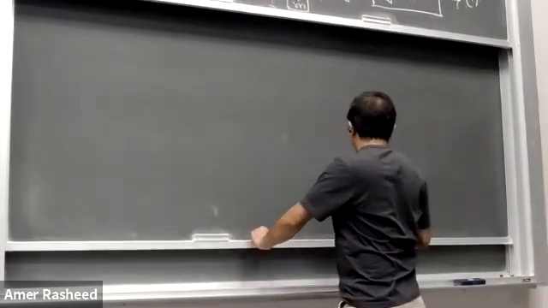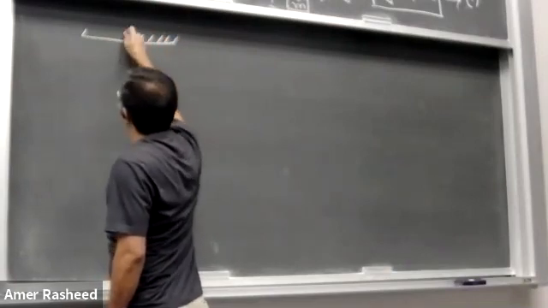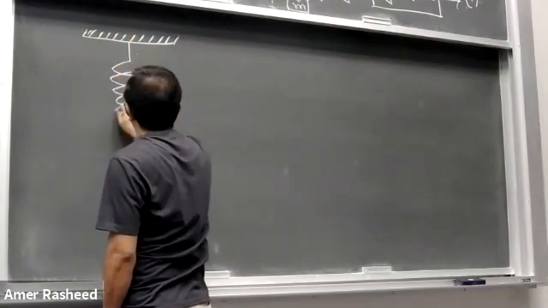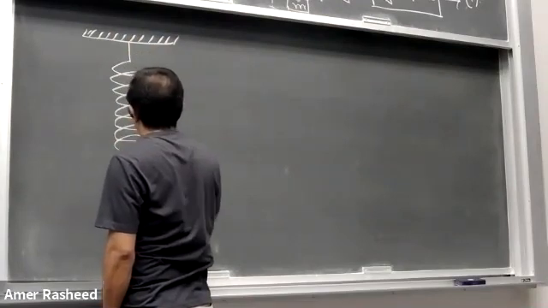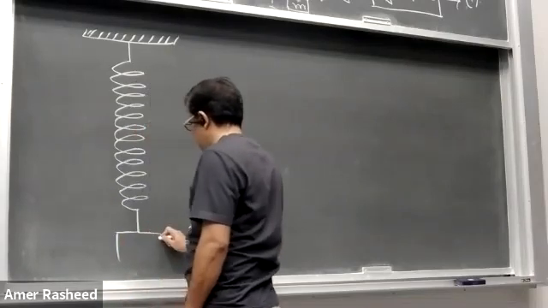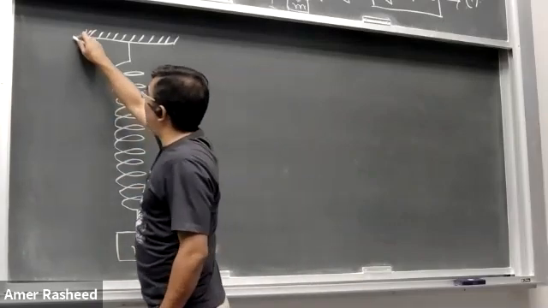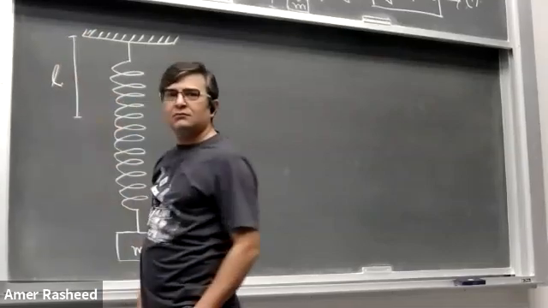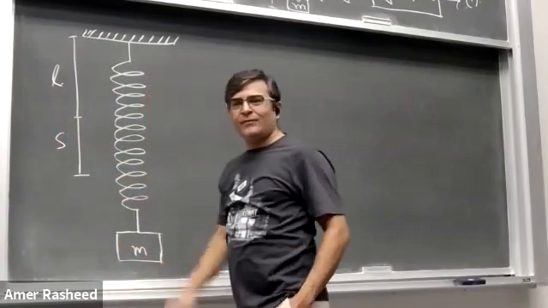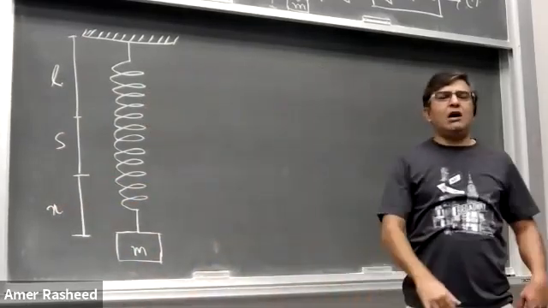Now, let us discuss the third situation. In the third situation, the spring is pulled down or upward, whatever, so that its original length was L, this much, and the stretch due to the mass is S, and we pulled it X units downward or upward, vice versa.